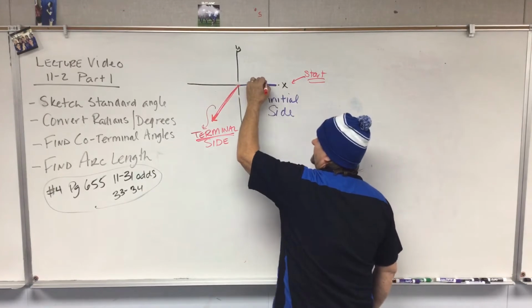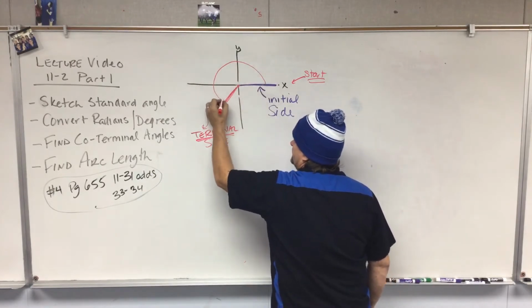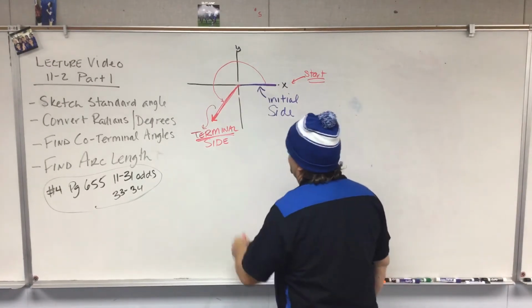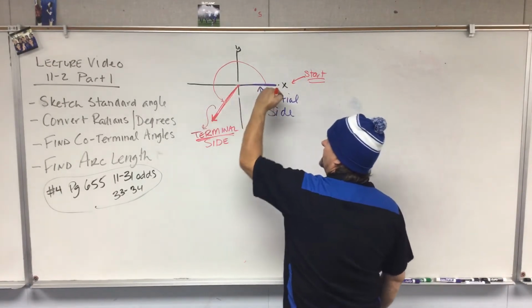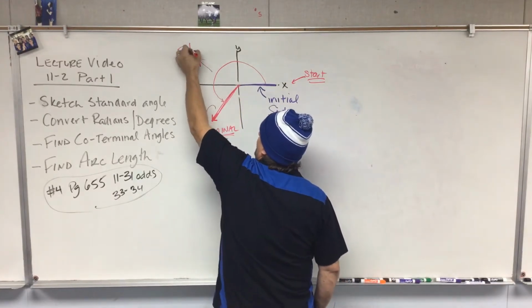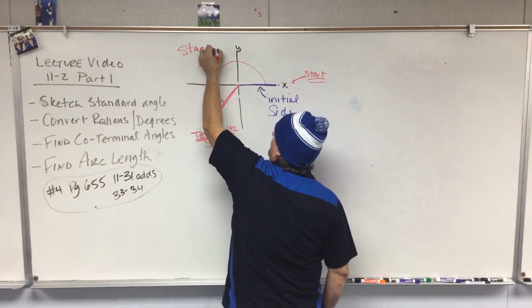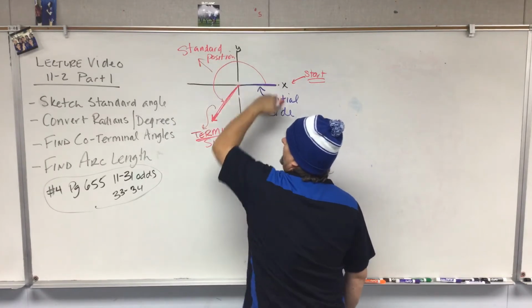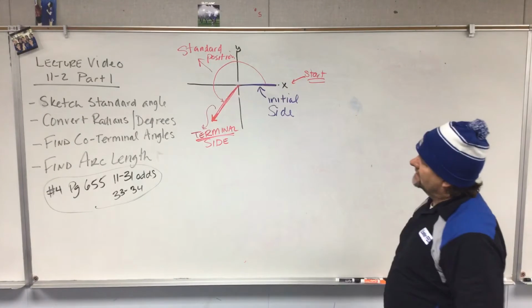And so we rotate around to here. All right? So what this means is that the terminal side creates an opening that we call the standard position. It stops at a standard position.